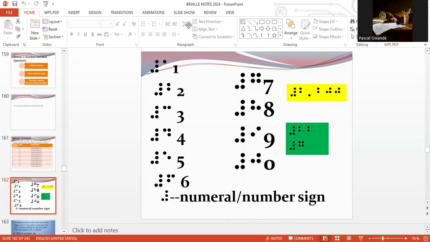Number 5 is numeral sign dots 1, 5. Number 6, numeral sign dots 1, 2, and 4. Number 7, numeral sign dots 1, 2, 4, 5. Number 8 is numeral sign dots 1, 2, 5. Then number 0 is numeral sign dots 2, 4, 5.